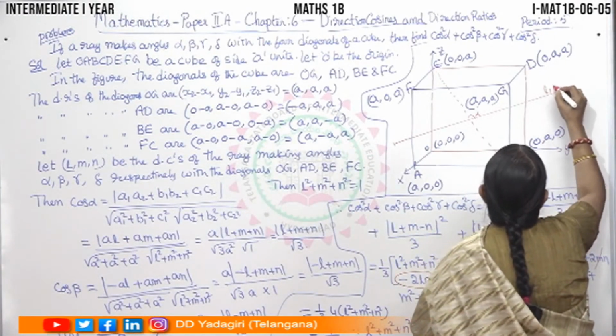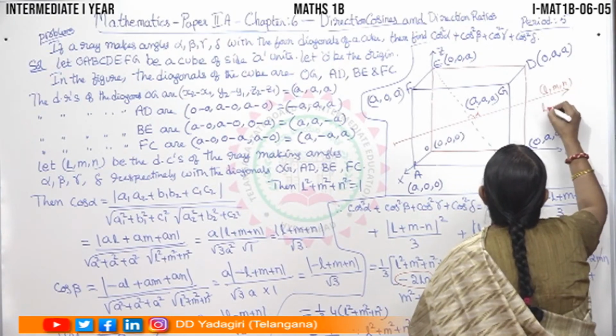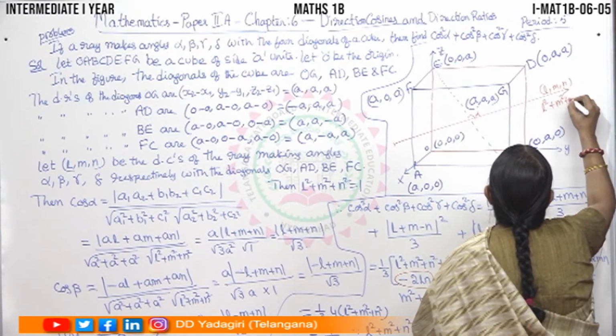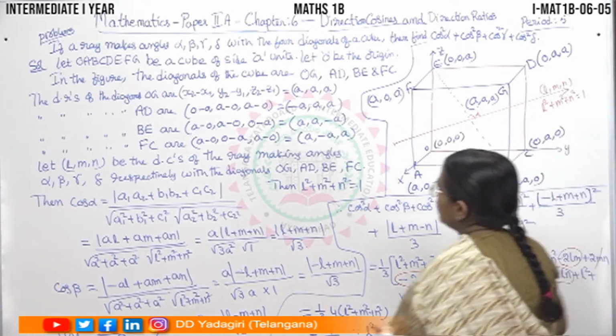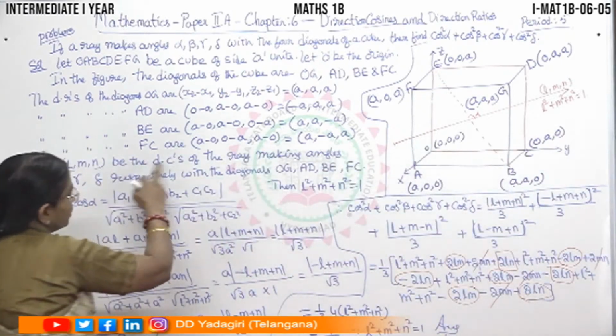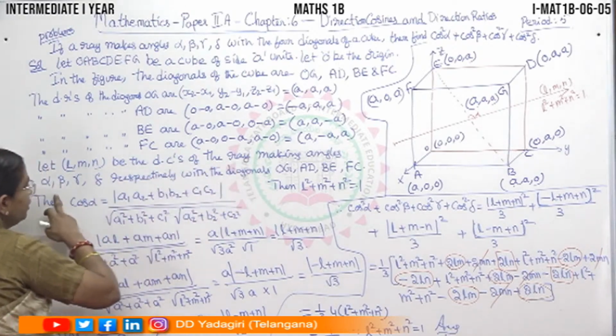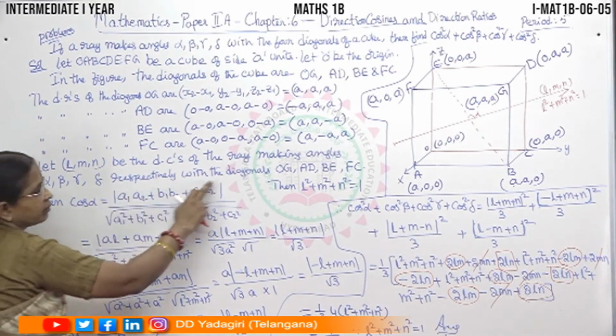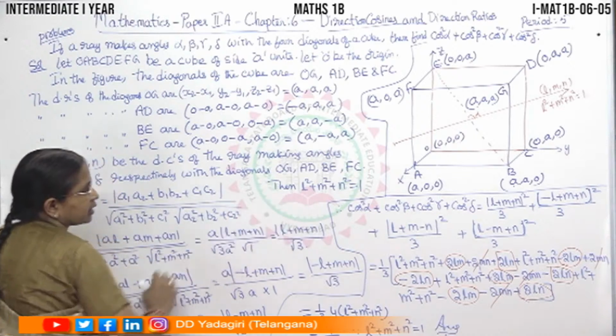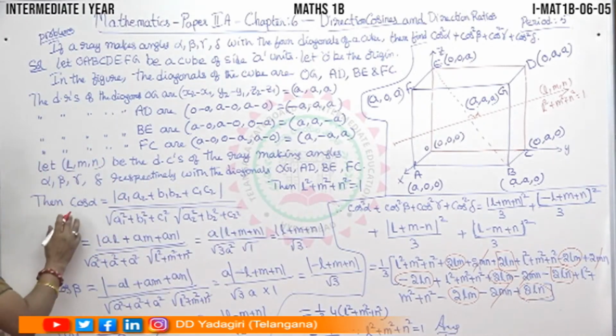So the direction cosines of the ray are l, m, n such that l square plus m square plus n square is equal to 1. So now you mention that l, m, n also be the direction cosines of the ray making angles respectively with the 4 diagonals. Then this satisfies this condition. Now find cos alpha.